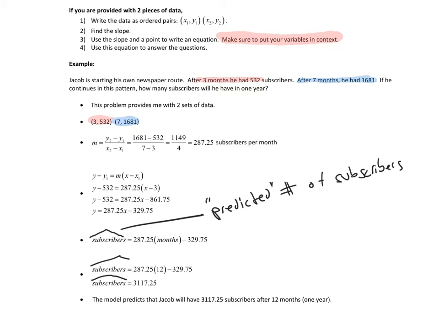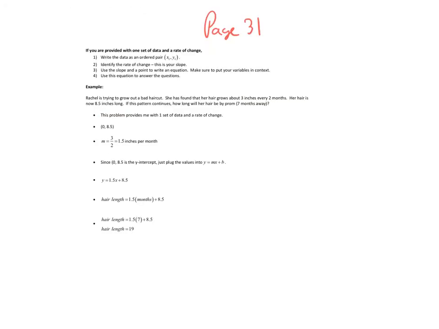So this is a way to predict, but it's not necessarily going to be the exact right answer. It gives us a good educated guess, in a way, if you want to put it into an older term that you might remember from middle school. So that's an example of two data points.